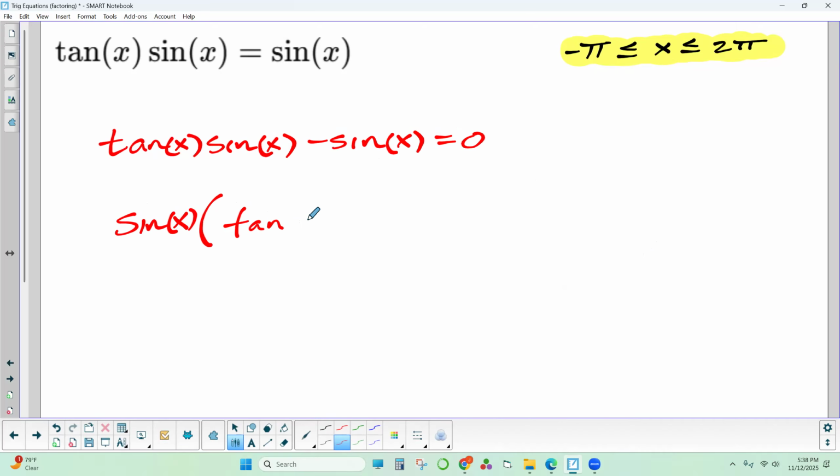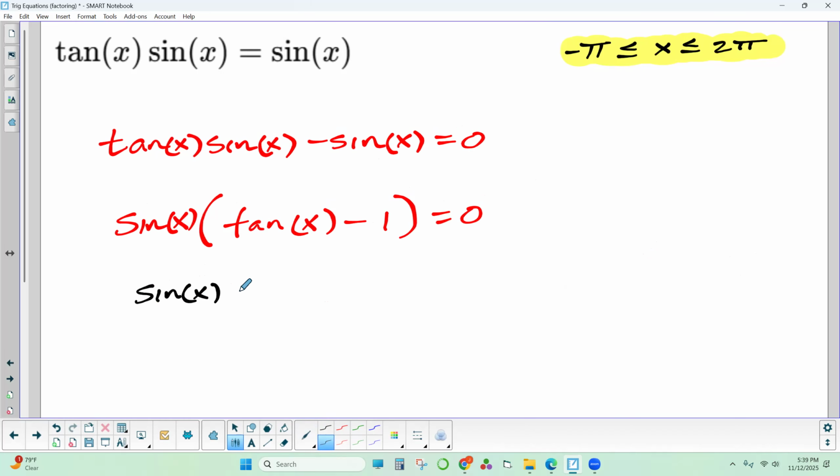That leaves me with tan x minus 1 equals 0. Again, always double check that you factored right. Everything looks good, and now we're going to set our factors equal to 0 and solve.